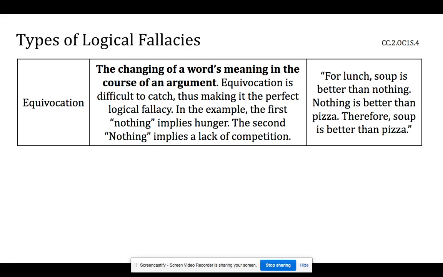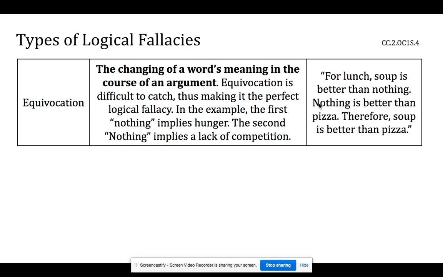It's a homonym. A synonym means that two words have one meaning, but a homonym means it's one word with multiple meanings. So here, the word nothing is a homonym. If you read it, soup is better than nothing, so it's kind of your last resort. Okay, I'd rather have soup than nothing, I guess.